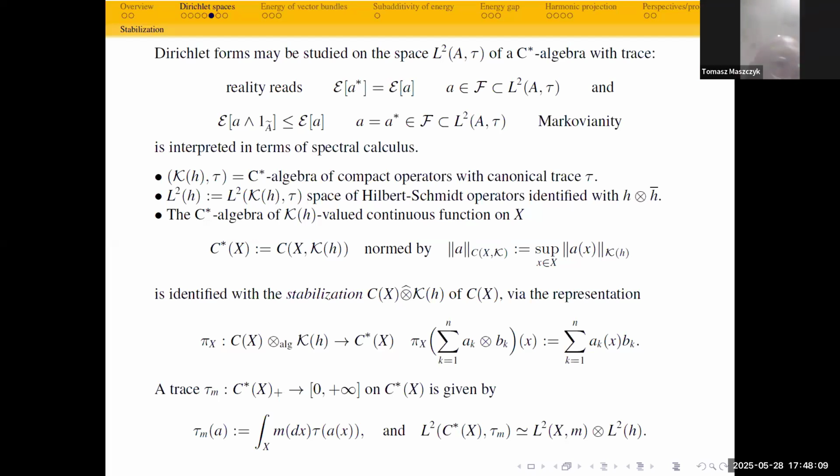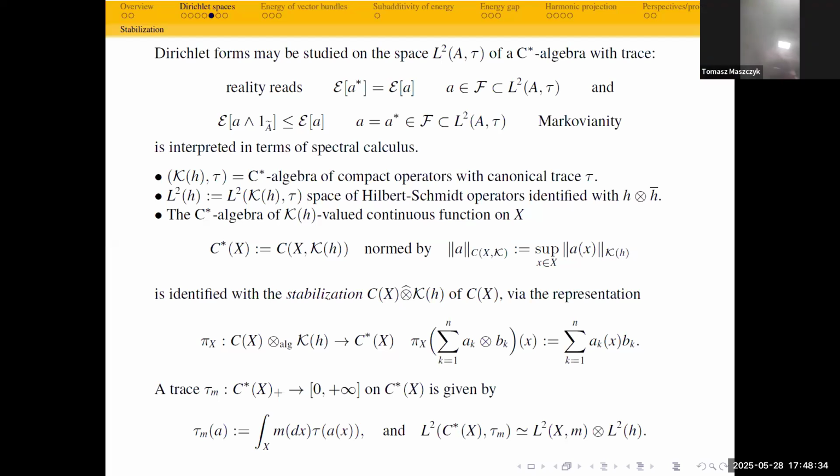So this small h is a Hilbert space on which any such derivation acts trivially. Is it so? No. I indicate by H any separable Hilbert space, and by K of H the algebra of compact operators.